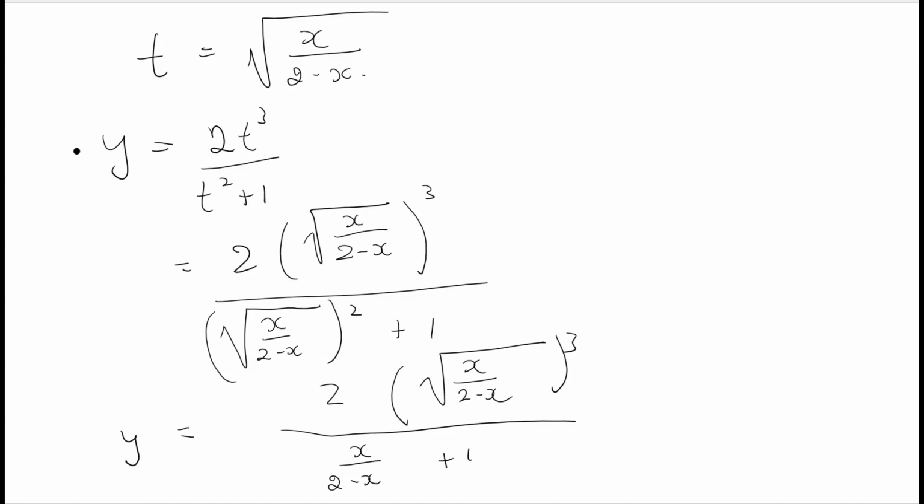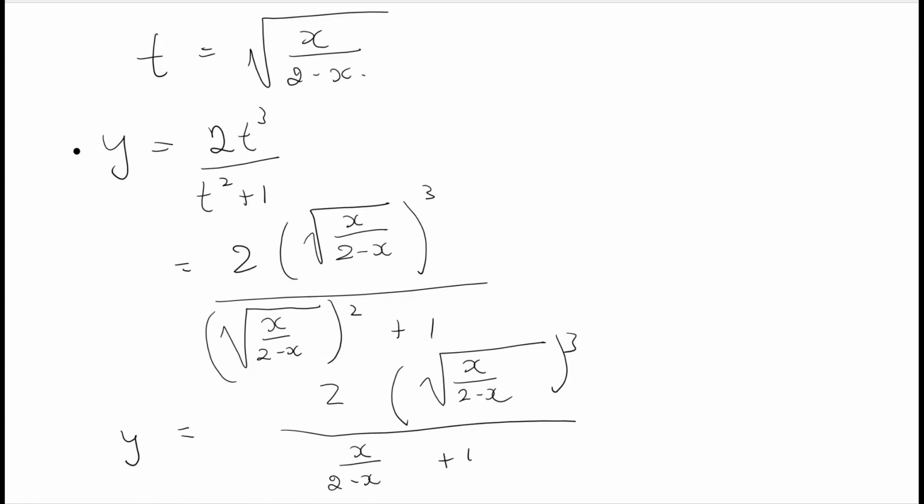So that's y. That's pretty nasty. But it'd be a lot easier if that bottom line was one fraction, because we're going to have to cross multiply, and it's going to get pretty ugly pretty quickly.